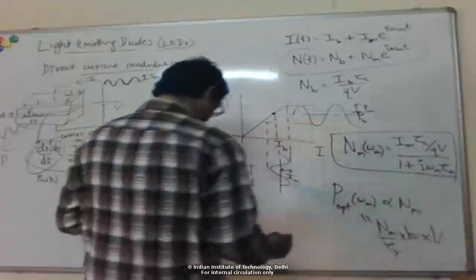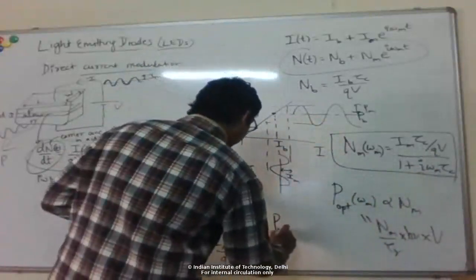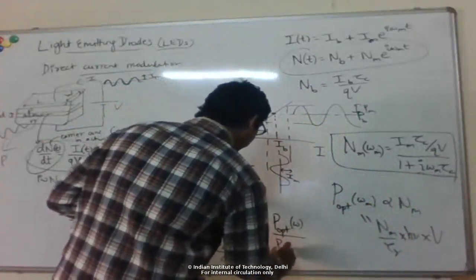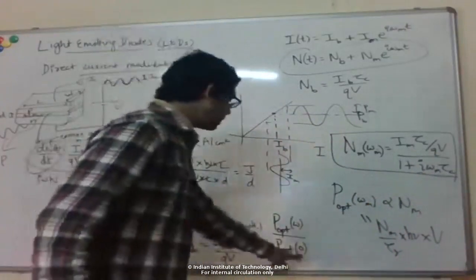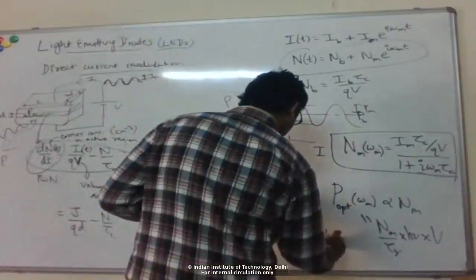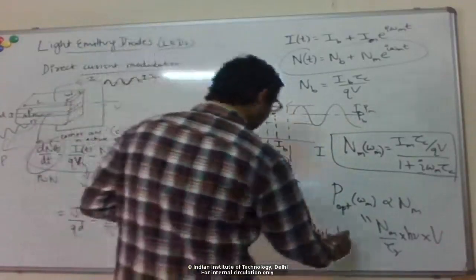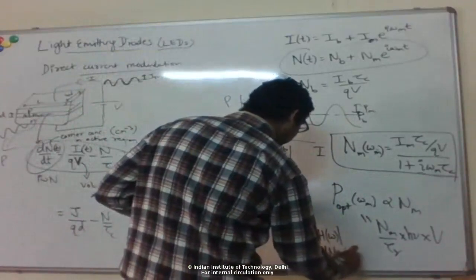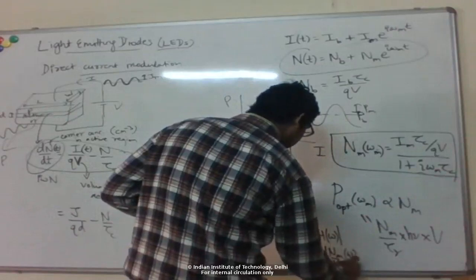So that means if I write a frequency response, which is the optical power emitted at frequency omega divided by that at DC, where omega is 0, this gives me a transfer function, the mod of h of omega, which I can write as the mod of the carrier concentration n at omega divided by n at 0.